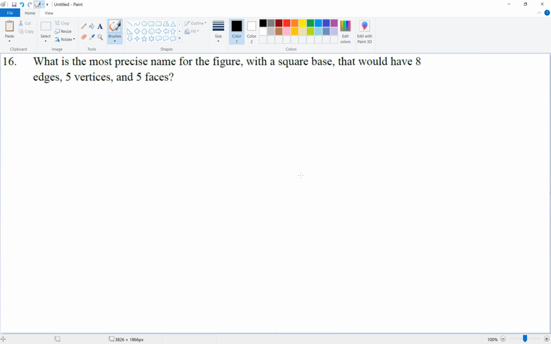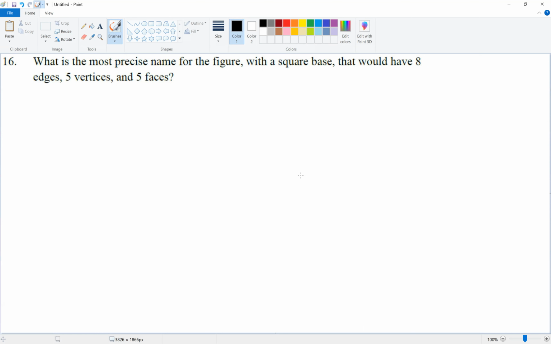And then I started Xing them out because when it said it has 5 faces, I Xed out all the ones that didn't have 5 faces. And I checked if it had 5 vertices. If it didn't, I Xed it out, and so on. And in the end, I got triangular prism.